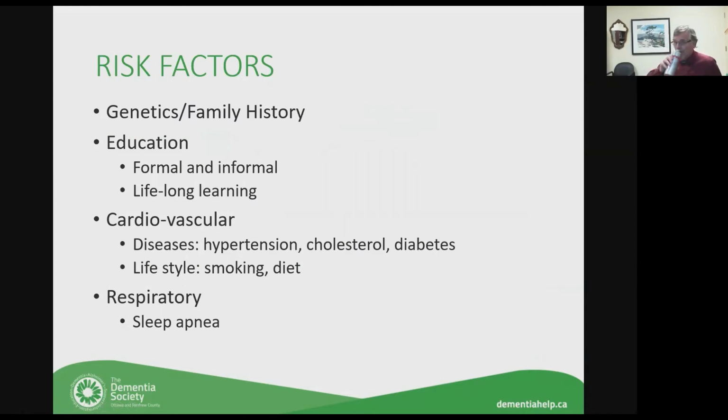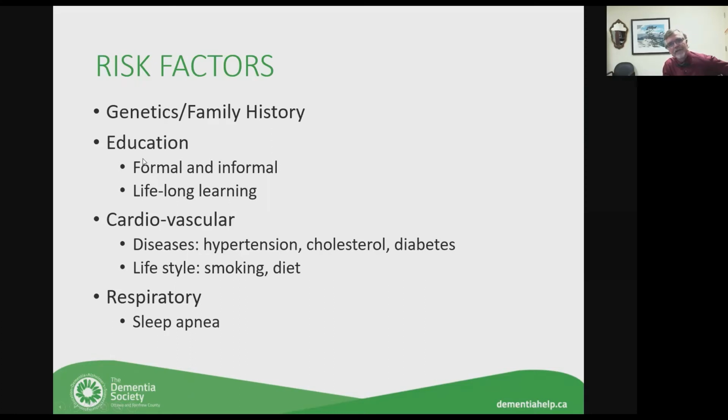Now, all of these things can make the disease worse. So genetics, having a family history, although it's only 5% that's sort of directly genetically affected, there is an increased risk of having Alzheimer's disease if you have a direct family member that has Alzheimer's disease.